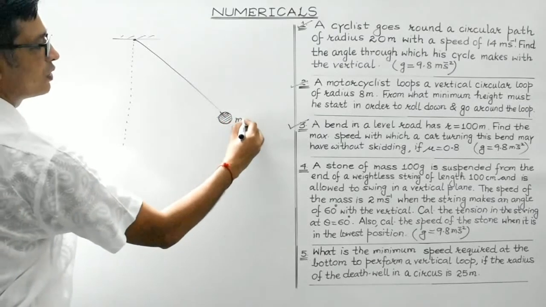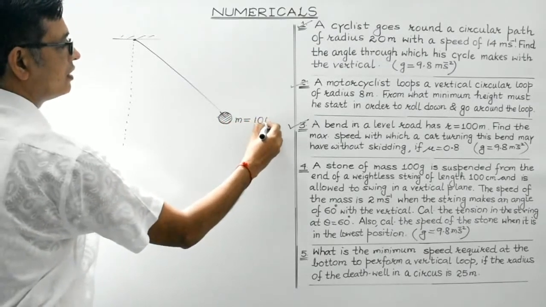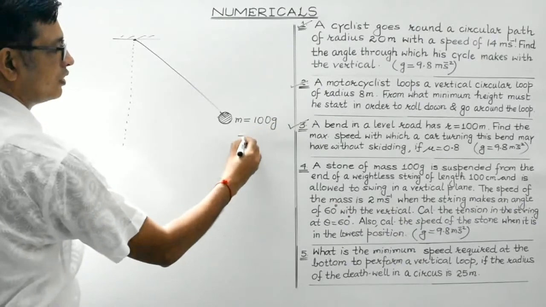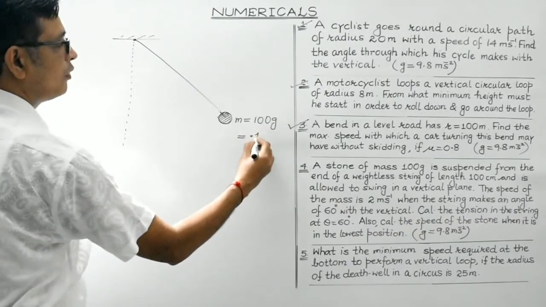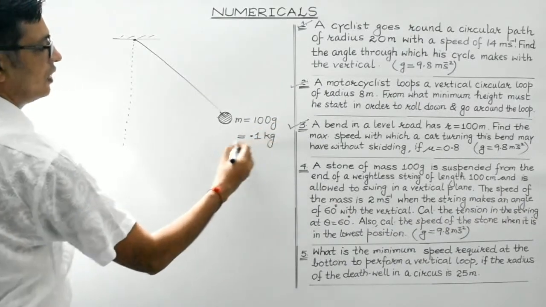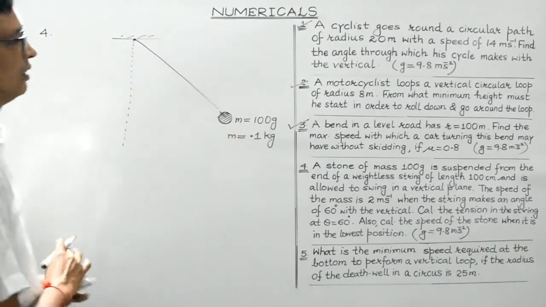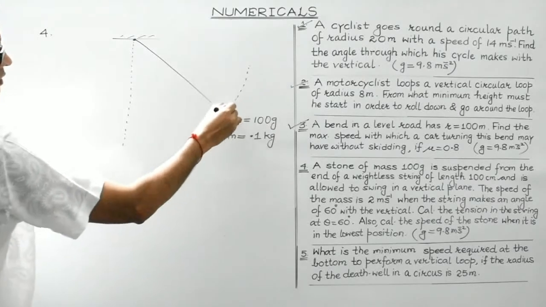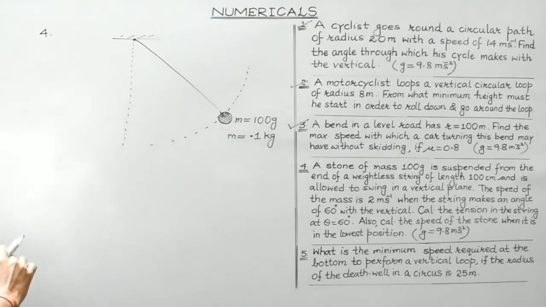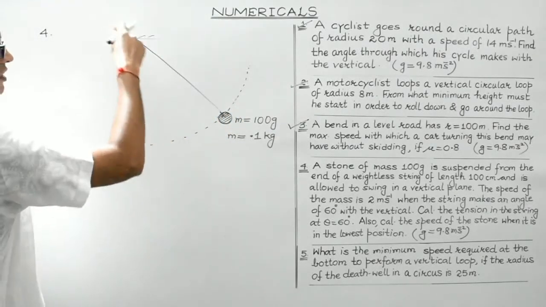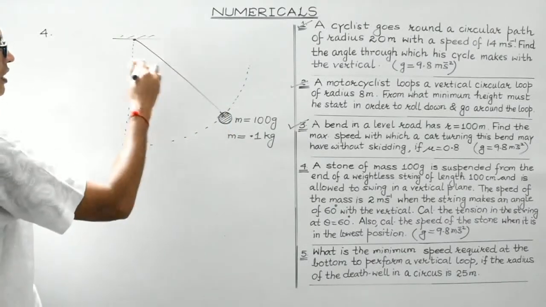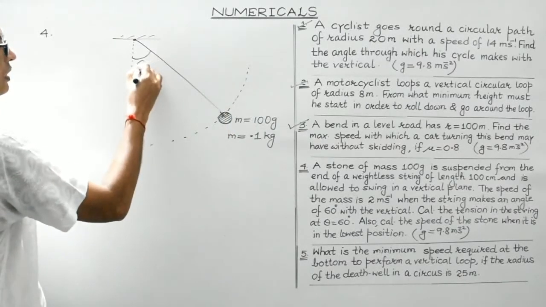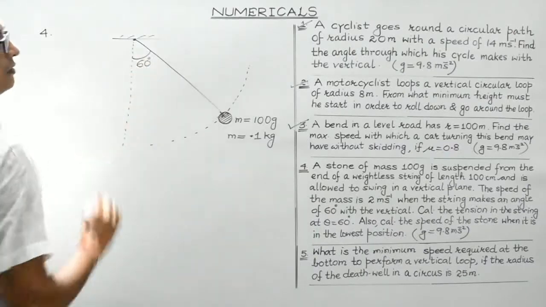The mass of this body is given to be 100 gram, converted in SI, it will be 0.1 kg. This is the mass of this ball, and it will follow a path like this. The angle this massless string makes to the vertical is given to be 60 degree.